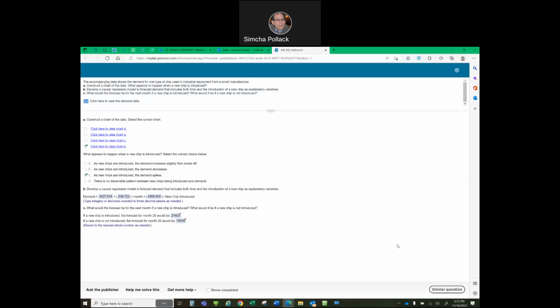Maybe this is why Excel might be easier. You can do this in Excel with an equals sign. Maybe that might be a good lesson. Plus 4956.9 plus the intercept, 3027.618, equals 21,403. What did I say? Oh, so I think I left out that 0.9. It's just a matter of multiplication.